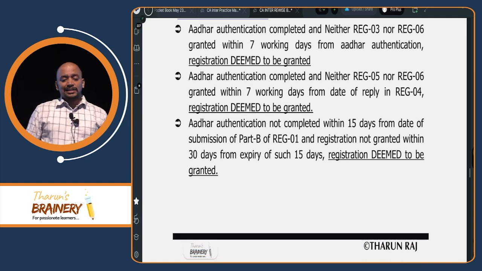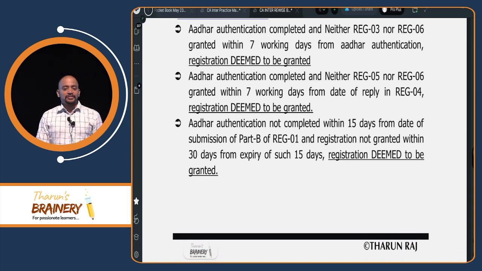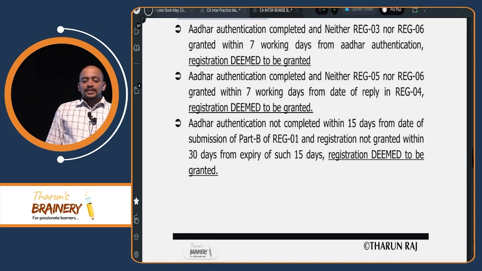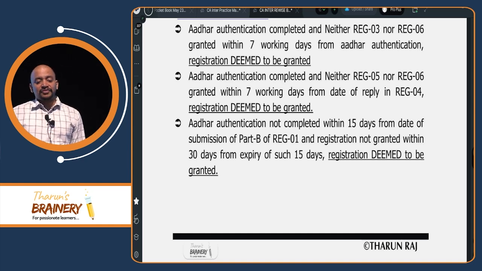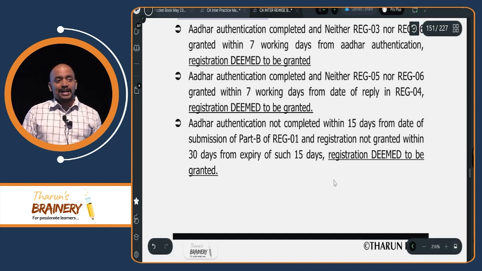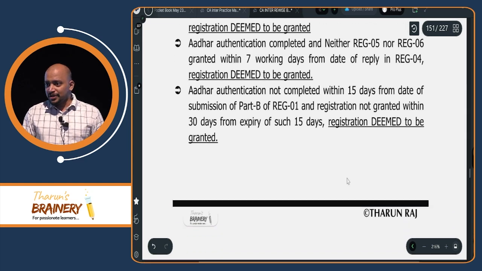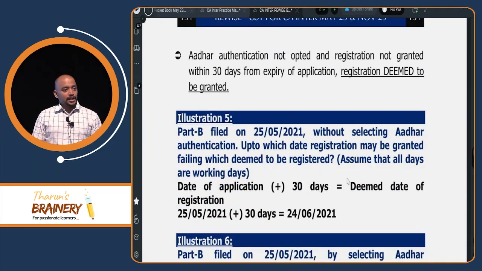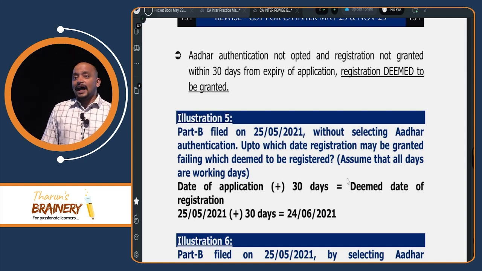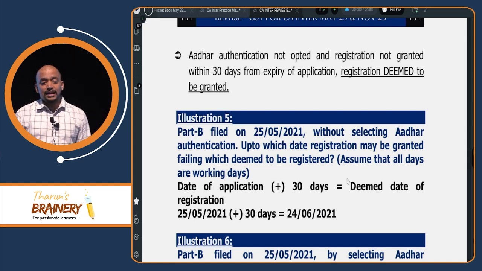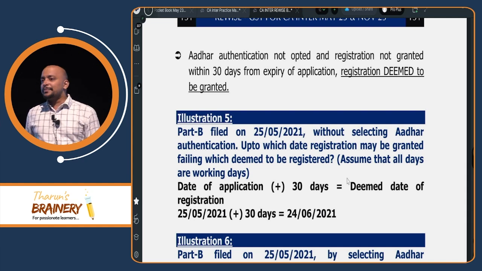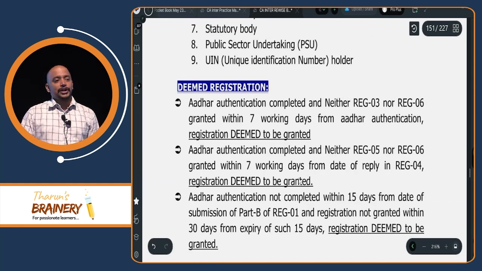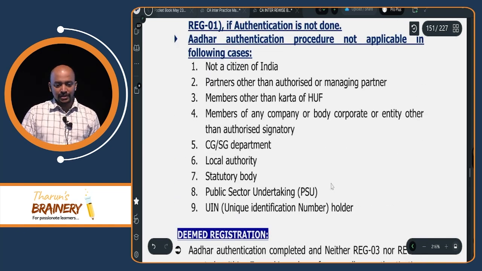Then Aadhaar authentication not completed within 15 days, and thereafter, after expiry of 15 days, within 30 days they did not grant registration, then also deemed registration. Aadhaar authentication not opted, you did not opt for Aadhaar authentication and registration is not granted within 30 days, then also deemed registration. Clear or not? So this can be given as a short note question part, deemed registration.